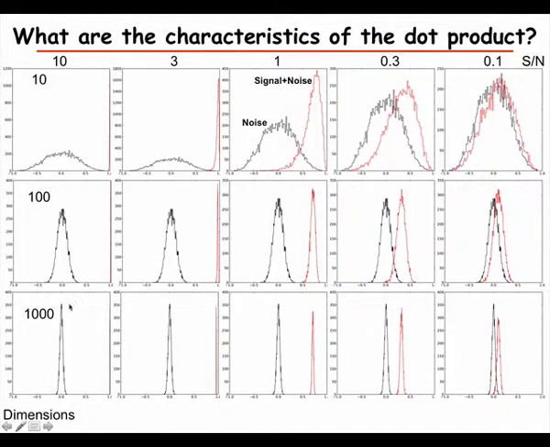So if we first look at 1,000 dimensions and a signal to noise ratio of 10, this is the background peak. So this is just comparing two random vectors of dimension 1,000, and calculating their dot product. So we see that they're independent of each other, so it's random. So they're going to have a dot product of around 0.